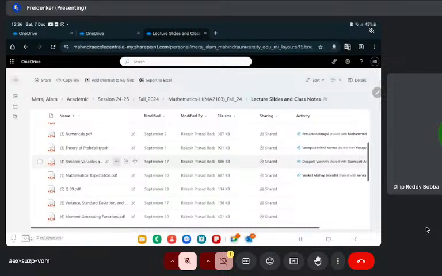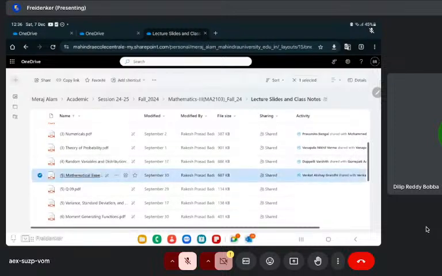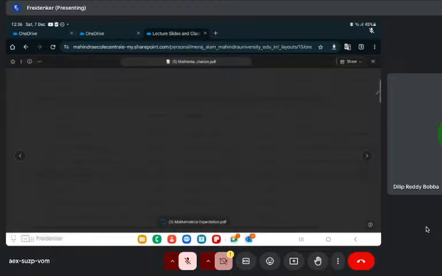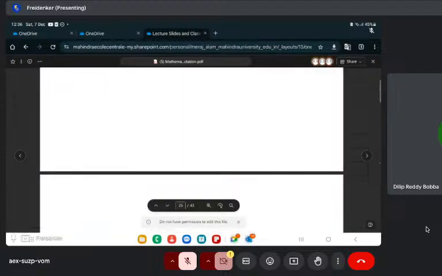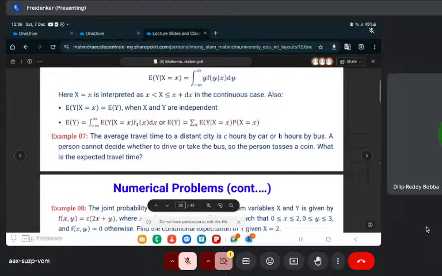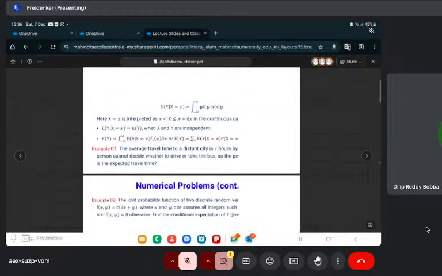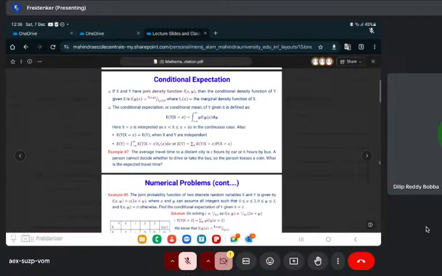What was after this? This one. Joint expectation, conditional expectation.